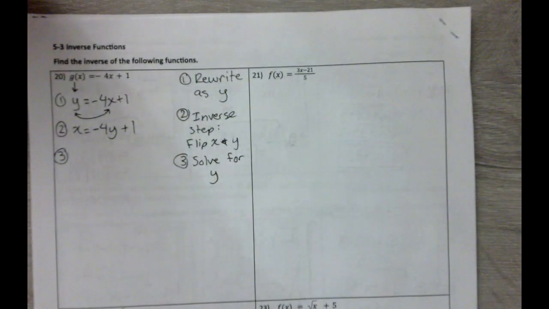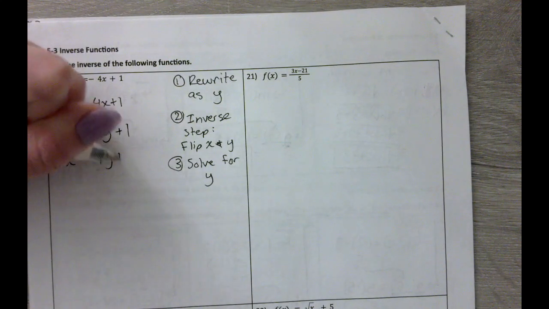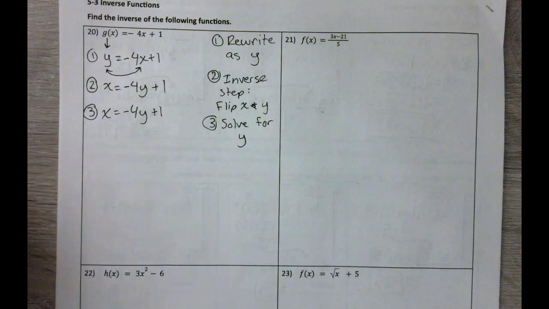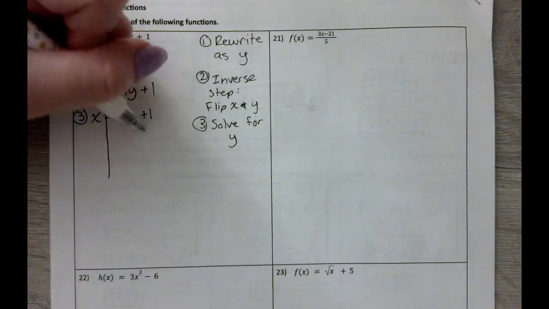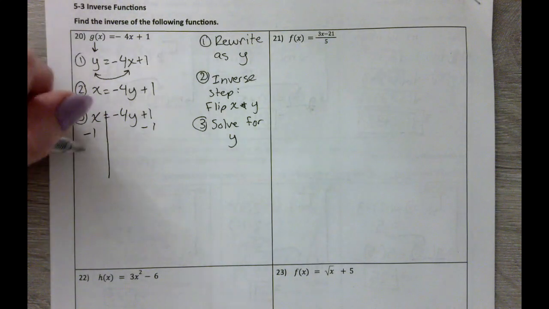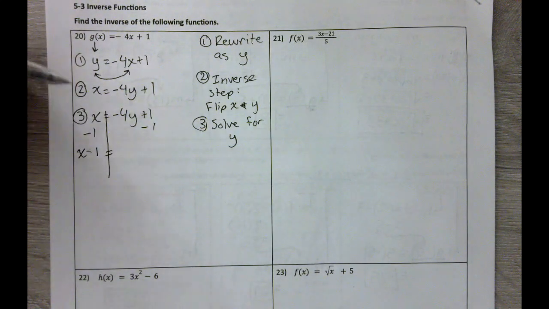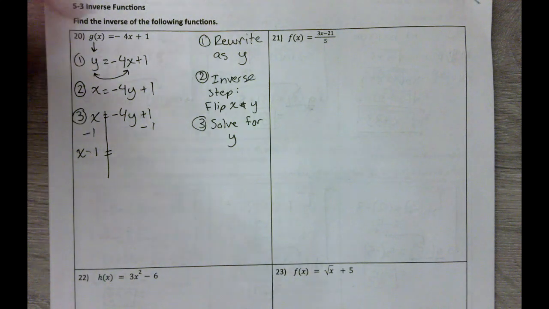So basically when we started we had y by itself. We flipped these. Now we want y by itself again. So we have to solve for it. So just bringing down step 2 and I'll solve from there. 2 steps. Subtract 1 on both sides. X minus 1. Remember, you cannot actually subtract these. These are not like terms. This has an x, this does not.